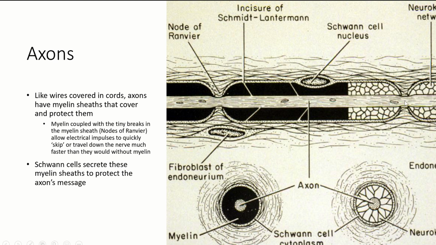And we won't get into too much detail, but as this signal is traveling down this axon, it allows for the signal to skip from right here to here. So it kind of does this skipping thing in between each of the nodes of Ranvier. It makes the signal much faster. I won't get into all the detail because there's a lot of physiology behind it, but just know that myelin makes the signal faster, okay? And we need those nodes of Ranvier, those little breaks in between them.